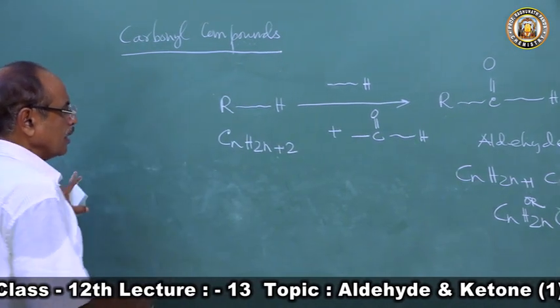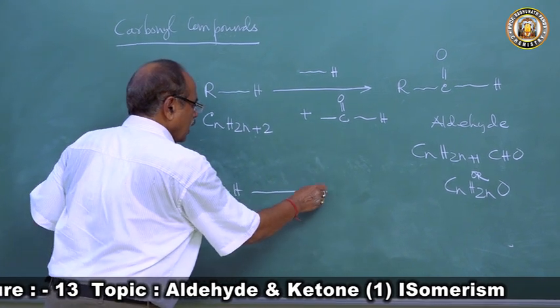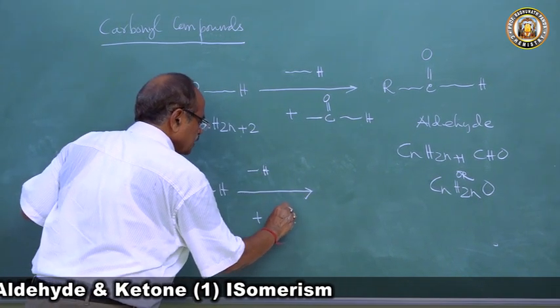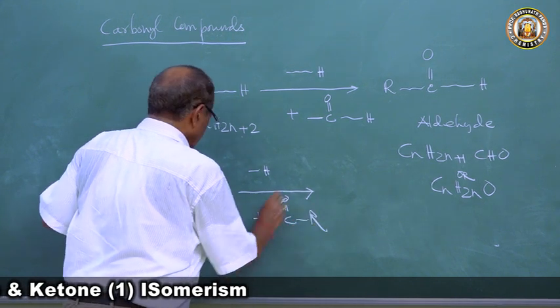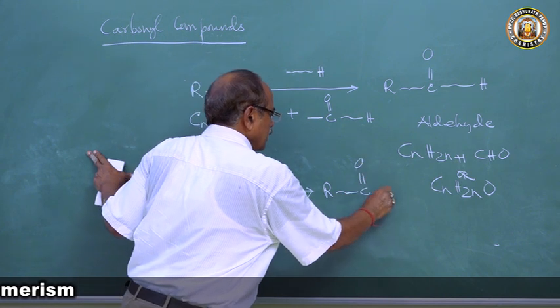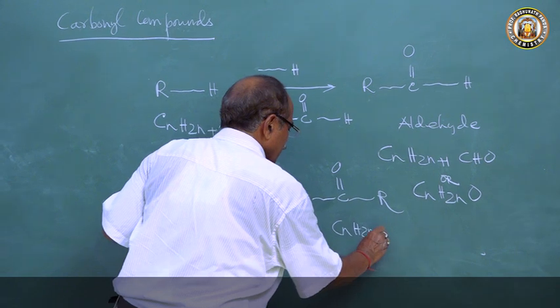Now when you take the alkane RH and we remove a hydrogen atom and replace it with a keto group, COR, we get RCOR. This also has the molecular formula CnH2nO.